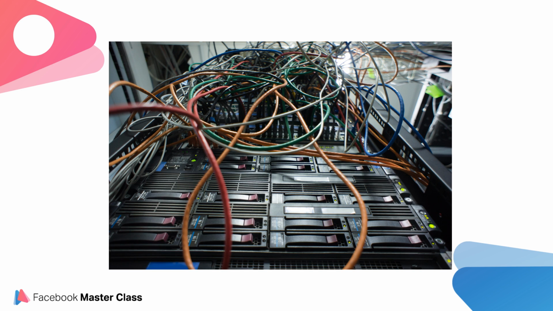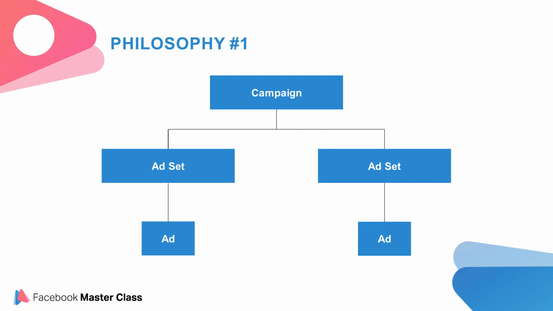Well, essentially, there are two different philosophies. Philosophy number one is, so if you look at what you're seeing here at the screen, you see the campaign level, the ad set level, and the ad level. That's how every campaign on Facebook is built, no matter what your campaign goal is. So on the campaign level, you're essentially telling Facebook what you want: leads, traffic, conversions.